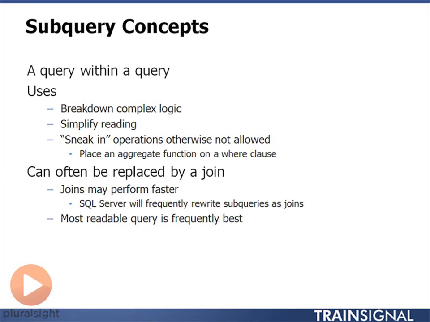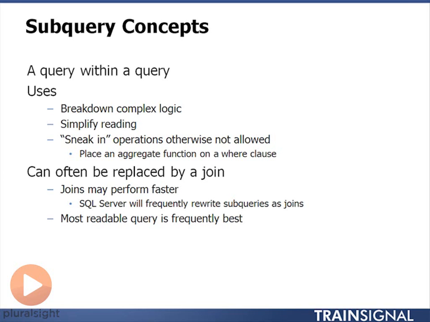So it could be something like an average if I was looking to compare against maybe an average price. Well, aggregates are not allowed in a where line, but if I hide them, if you will, inside of a subquery, I can now put them into my where line.